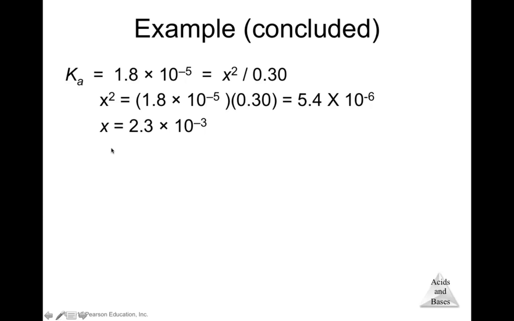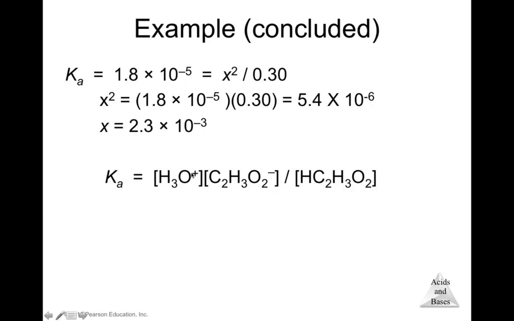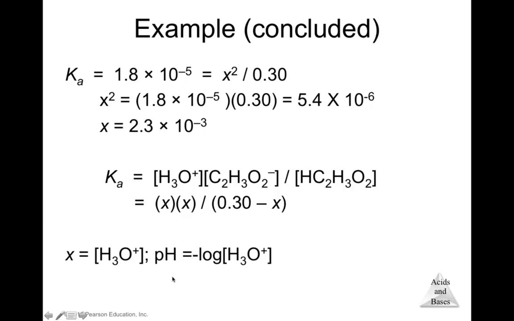And as we mentioned before, the value of x is going to be equal to the value of H3O. We basically defined that variable as the concentration of H3O as well as the concentration of acetate, but we're looking for the concentration of H3O. So now we can use the equation of the pH, minus log of H3O, and substitute this value of x right here.